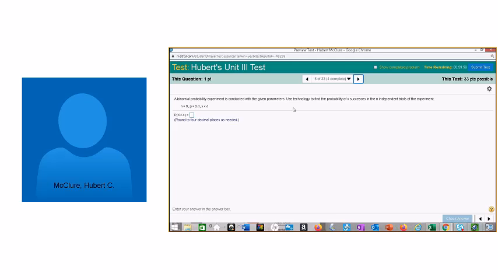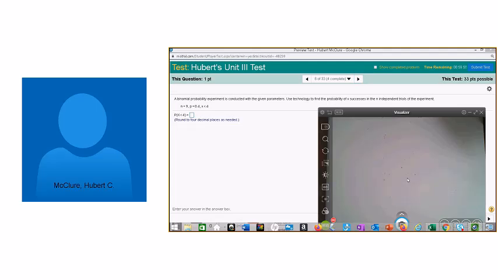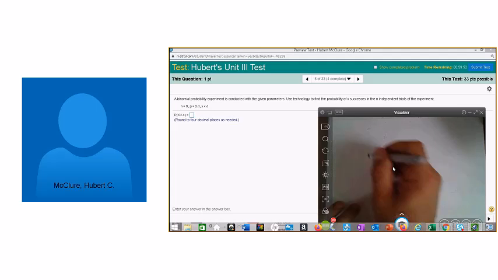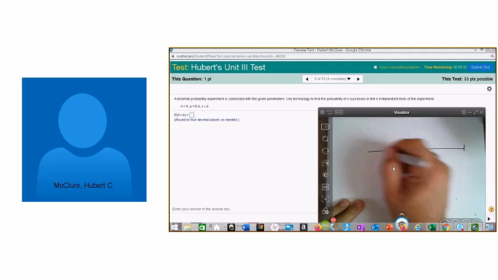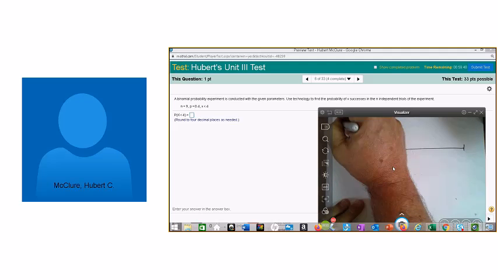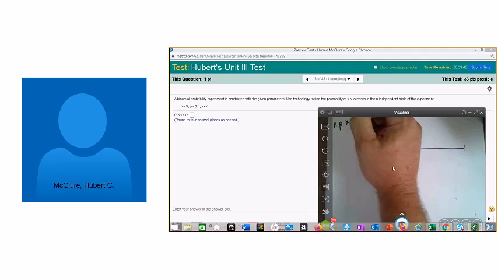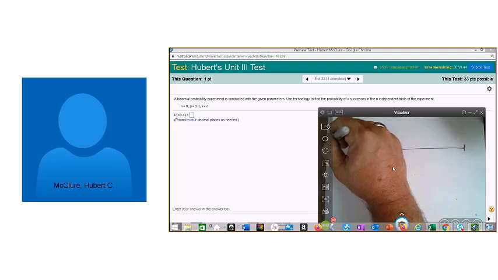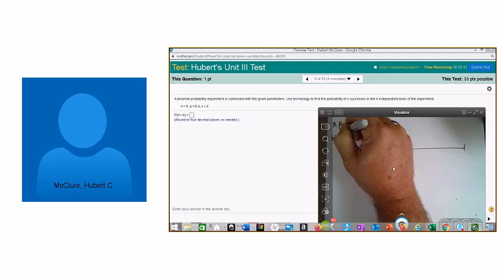So I'm going to take my handy-dandy pen and draw a number line on this one, because this is NPX, which means binomial. CDF means cumulative. The C stands for cumulative.